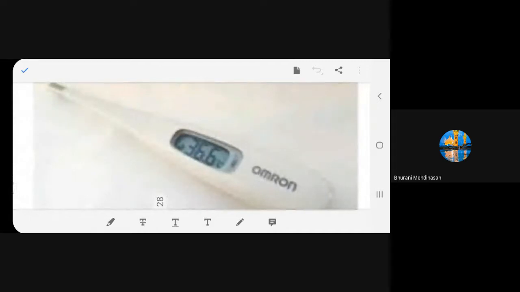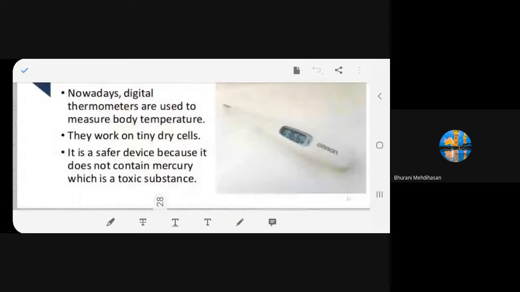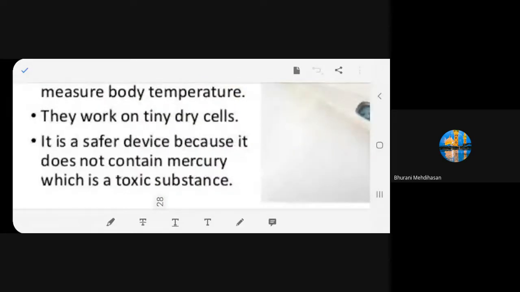So this is a digital thermometer, right, beta? How is it working? It's working on dry cells, very small cells. Very safe, because the ordinary clinical thermometer has mercury, remember that, which is a toxic substance. It's very poisonous. The digital thermometer is devoid of mercury.